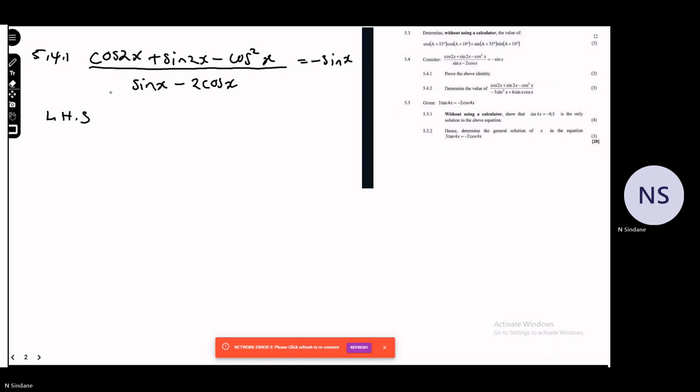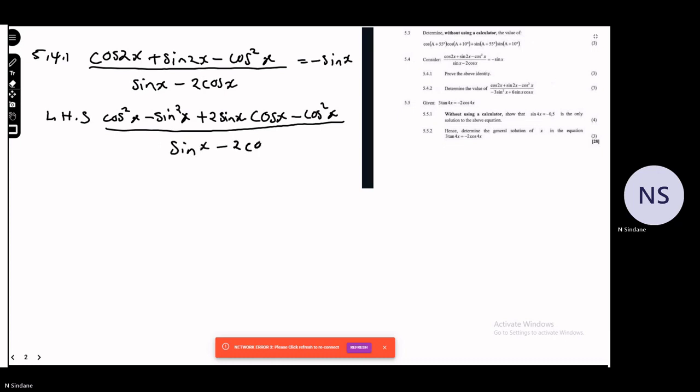This is cos squared of x minus sine squared of x plus this one is 2 sine x multiply cos x minus cos squared of x, all over sine x minus 2 cos x.